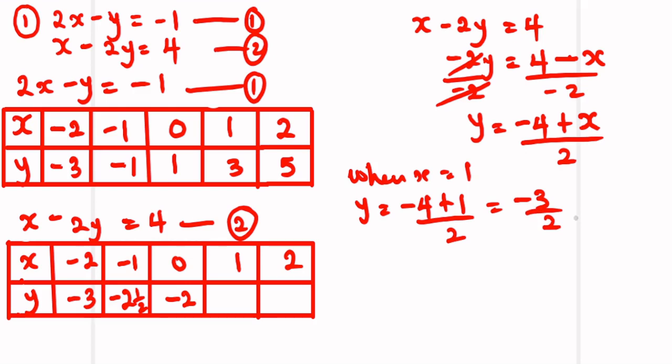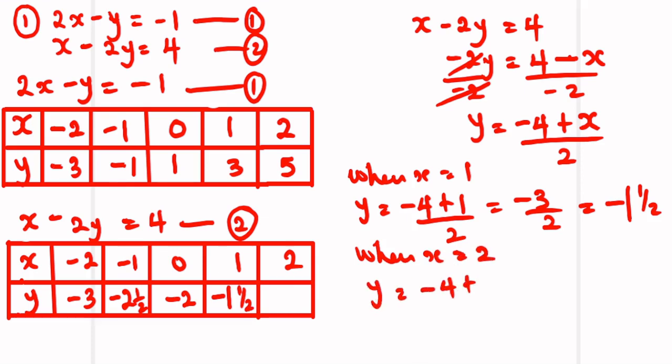So now negative 3 divided by 2 is going to give us minus 1 whole number 1 over 2, which is when x is 1, y is minus 1 and half. Now the last is when x is 2. Now y equals to minus 4 plus 2 all over 2, which is minus 4 plus 2 is minus 2 all over 2. Now minus 2 divided by 2 is going to give us minus 1. So when x is 2, y is minus 1.